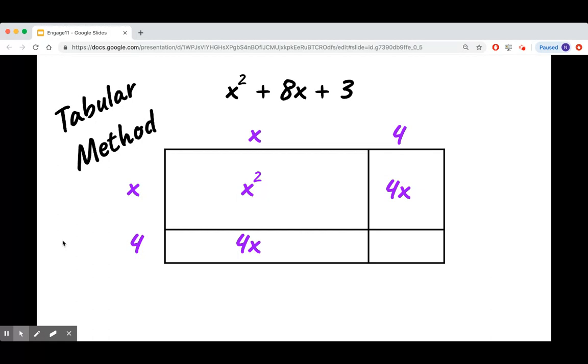Now, of course, if our binomial terms were 4 plus x times 4 plus x, we would end up with a constant term of 16 for an expression of x squared plus 8x plus 16. And that's not what we're looking for. We want to create the factored form of the expression x squared plus 8x plus 3.